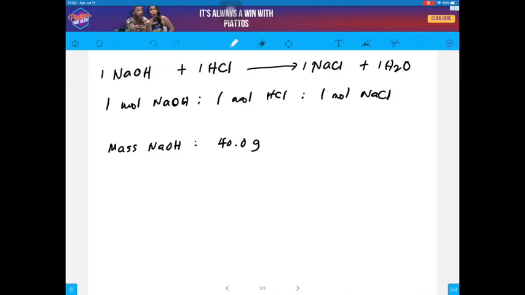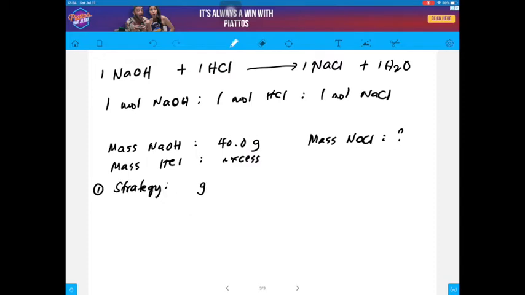So suppose the hydrochloric acid is in excess, and finally, what we want to find here is the mass of sodium chloride. What do we do here? Our strategy would be to convert the mass of sodium hydroxide to moles of sodium hydroxide, convert it to moles of sodium chloride, and finally convert moles of sodium chloride to mass of sodium chloride.